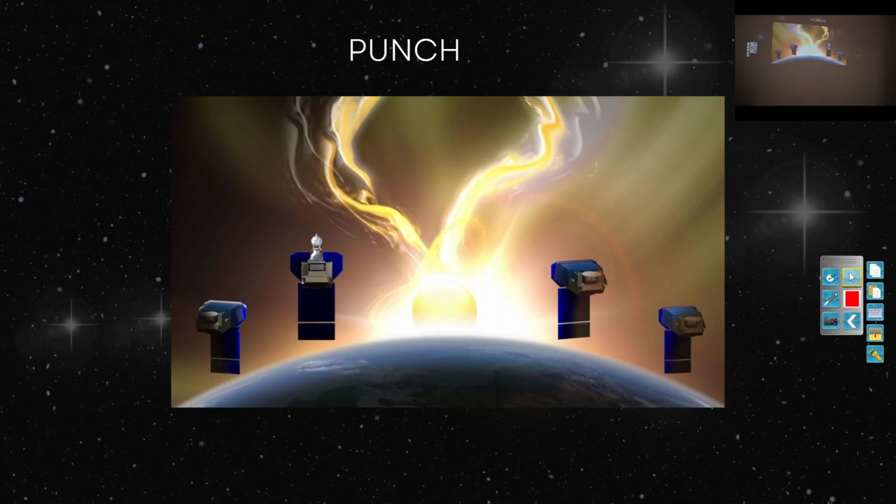So, the full form of PUNCH is Polarimeter to Unify the Corona and Heliosphere. Heliosphere.